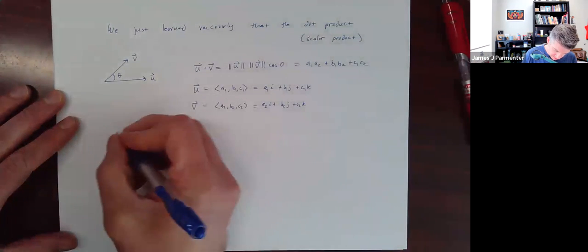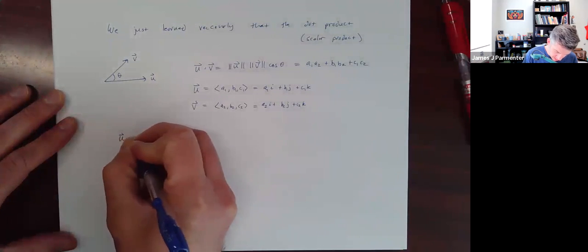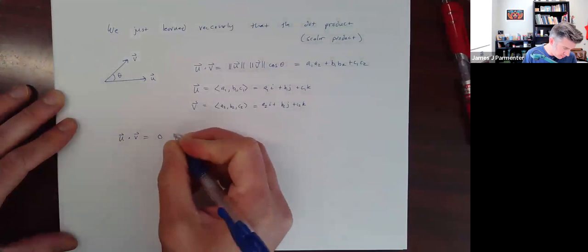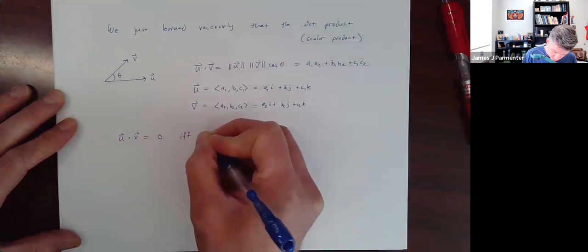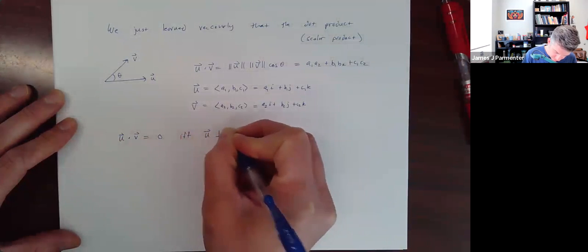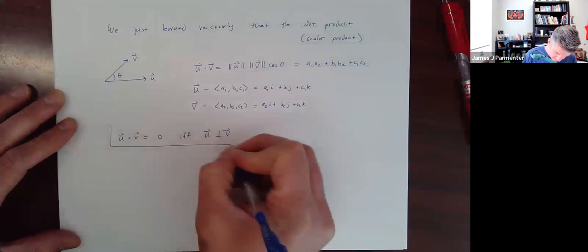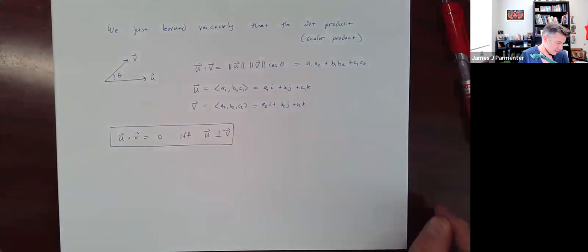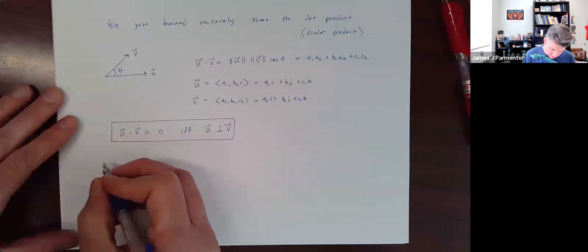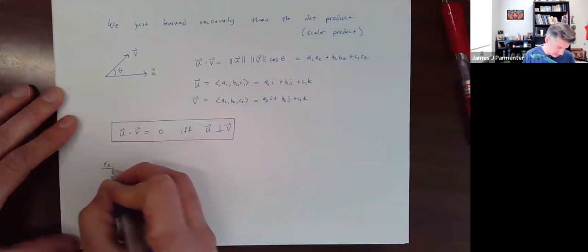So yes, notably, u dot v is equal to 0 if and only if u and v are perpendicular. Very, very true. So let's look at it now. We want to explore this kind of question.